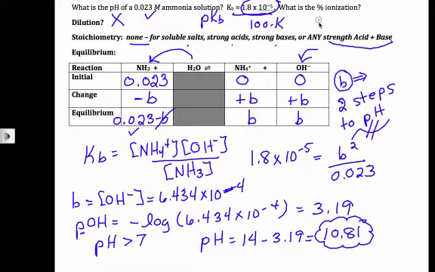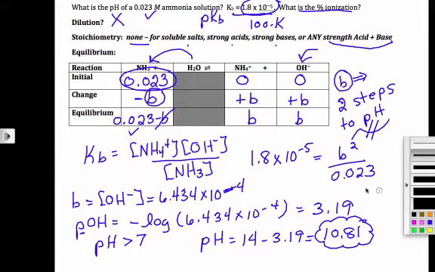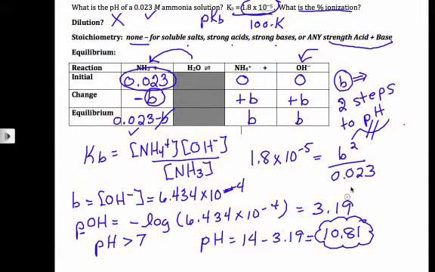Now, the other thing that it asked us for is what is the percent ionization? The percent ionization is the part that reacted divided by the initial amount. I'm running out of room, so I'm going to have to erase a little bit of this. I hope you've captured that information already. Okay, so get some room.